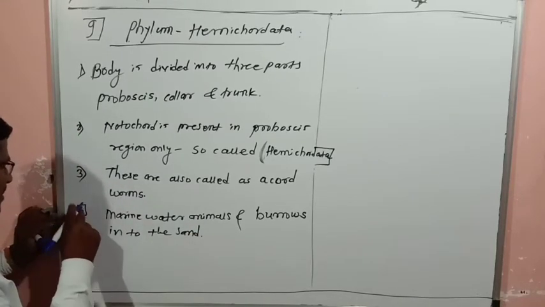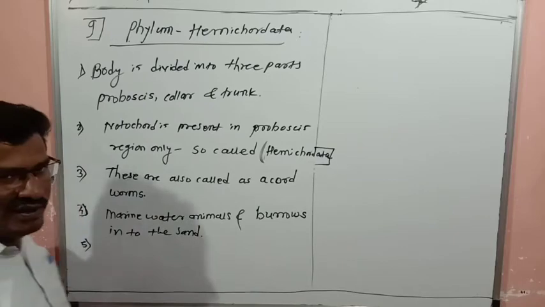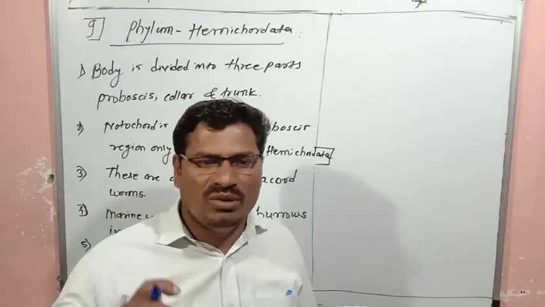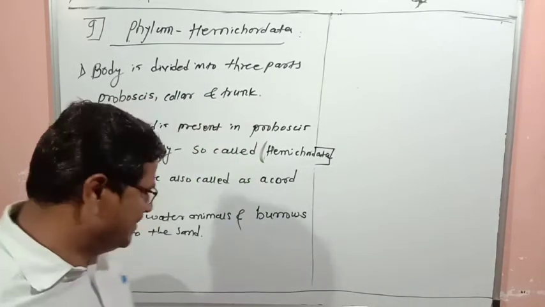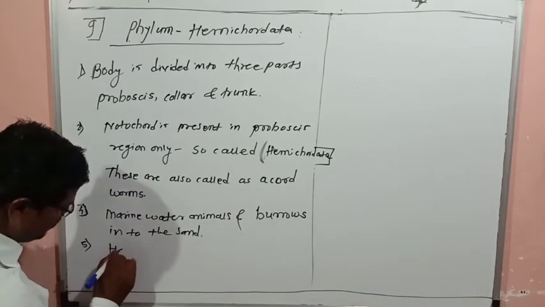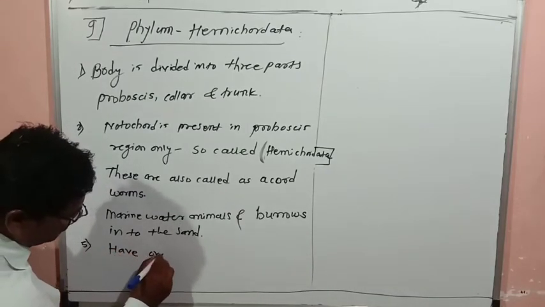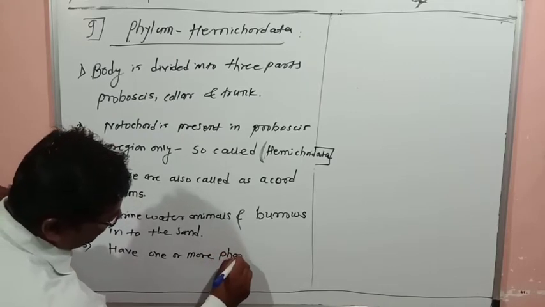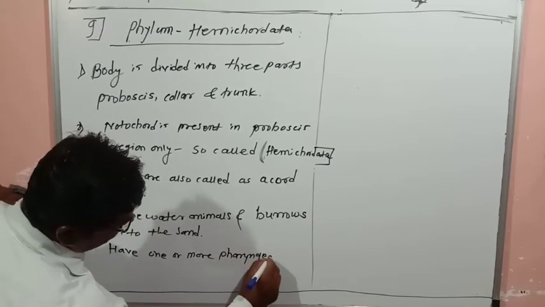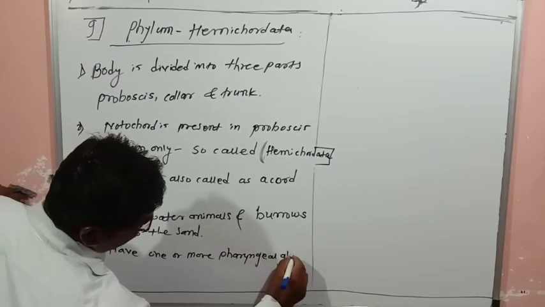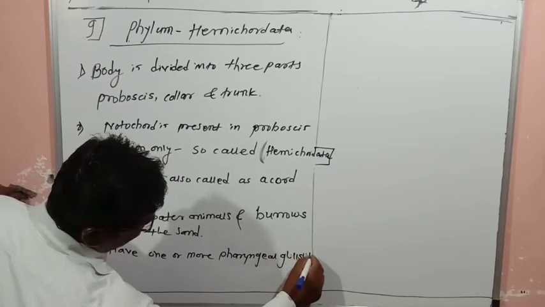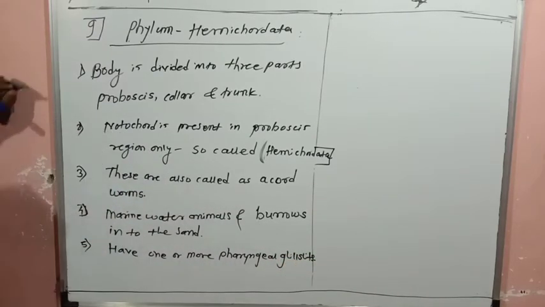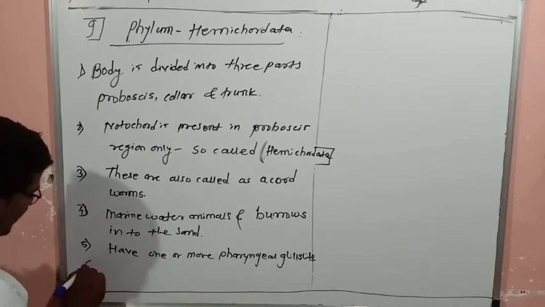Fifth point: they have one or more pharyngeal gill slits.